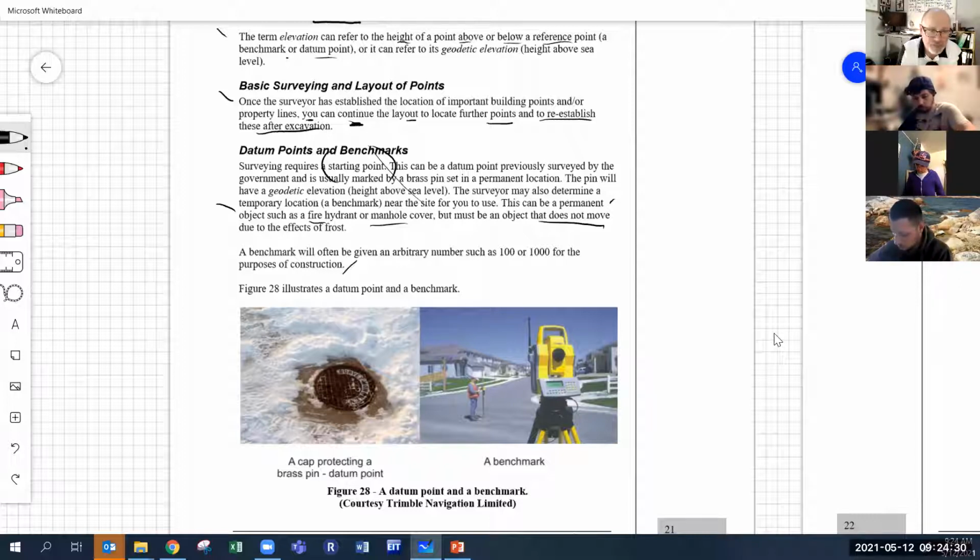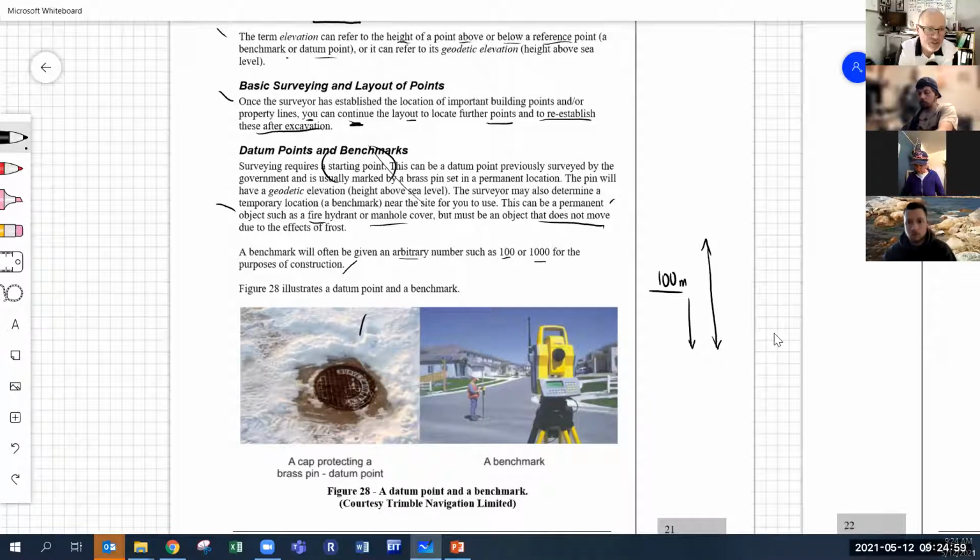And the benchmark is sometimes given an arbitrary number, such as 100 or 1,000, for the purposes of construction. So we can go below or above that mark, right? It's kind of like an architectural elevation. So if we go deeper, we're not working with negative numbers. That's why they give us that.